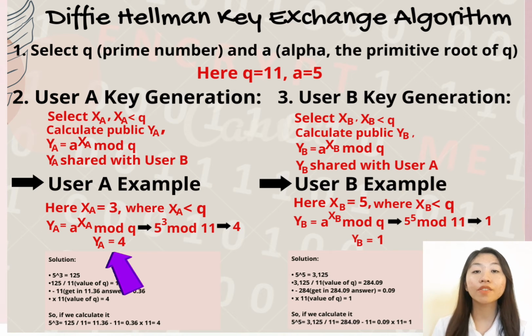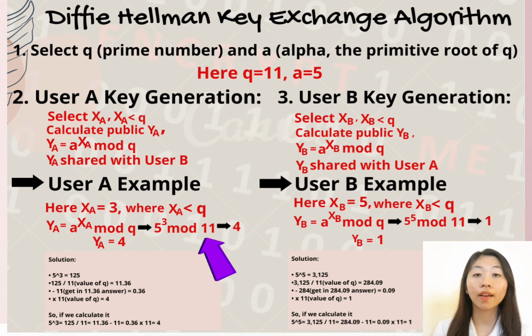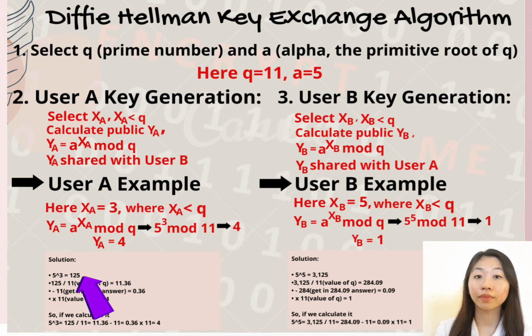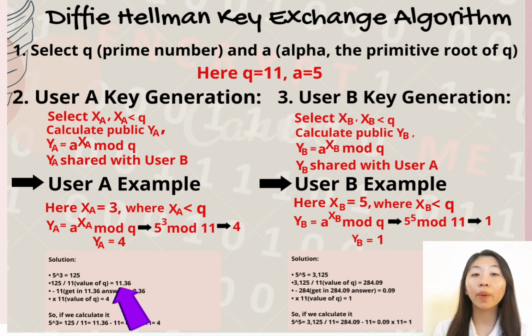So in the equation, 5 raised to 3 mod 11 is equal to 4. 5 raised to 3 is equal to 125. Okay? So 125 divided by 11. So where do we get that 11? 11 is our Q. 125 divided by 11 is equal to 11.36. Then subtract 11. Where do we get that 11 again?